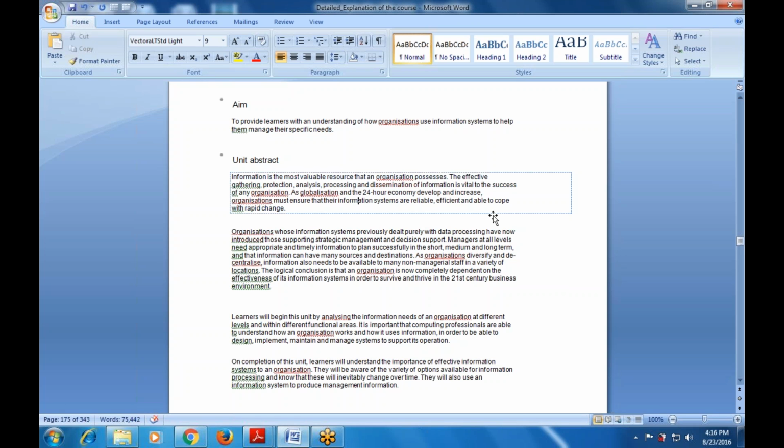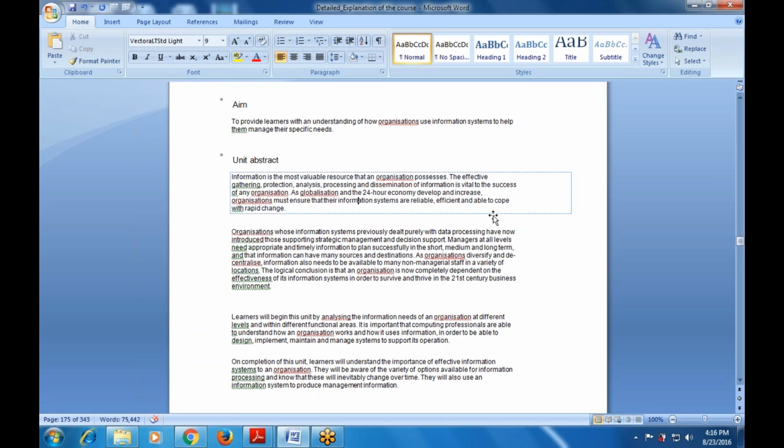And when we talk about globalization and the 24-hour economy increases, organizations must ensure that their information systems are reliable, efficient, and able to cope with the rapid growth. So whatever the growth of the organization, the system will cope with it.